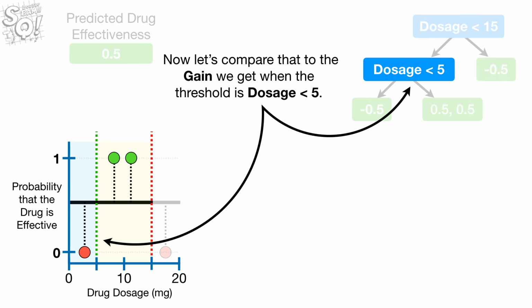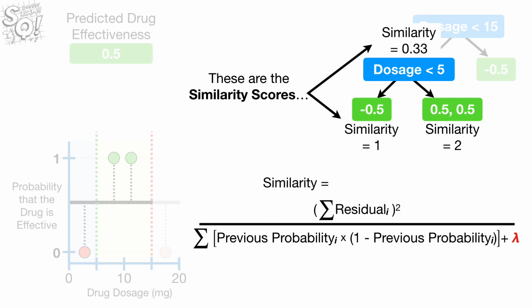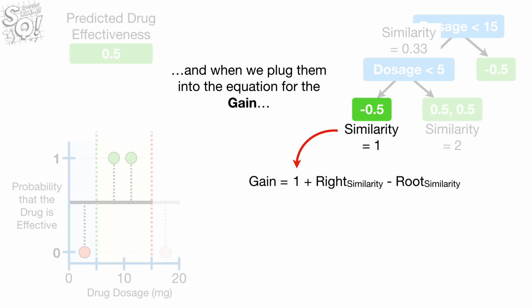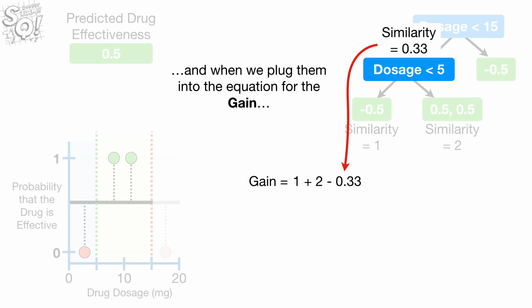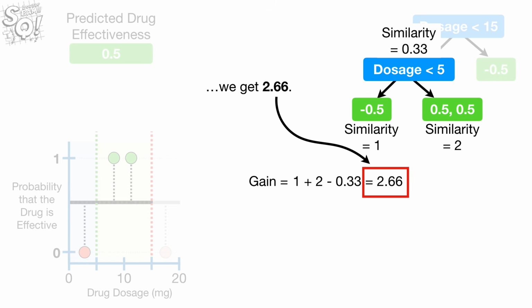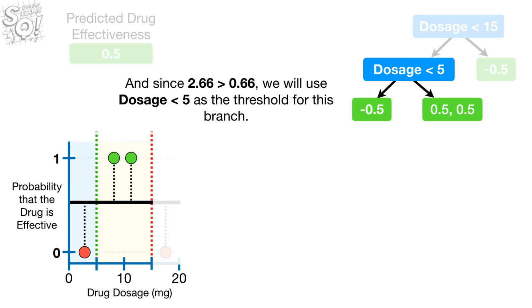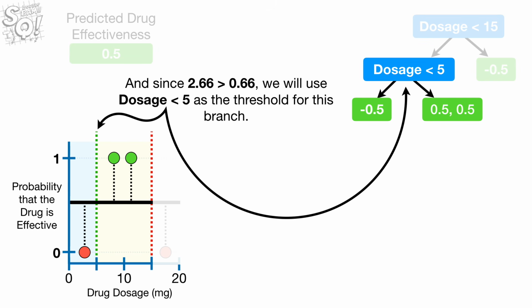Now let's compare that to the gain we get when the threshold is dosage less than 5. These are the similarity scores, and when we plug them into the equation for the gain, we get 2.66. And since 2.66 is greater than 0.66, we will use dosage less than 5 as the threshold for this branch.